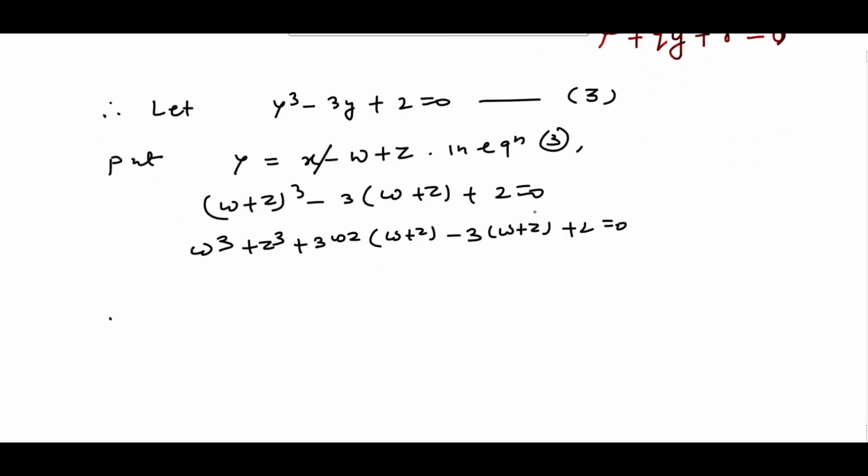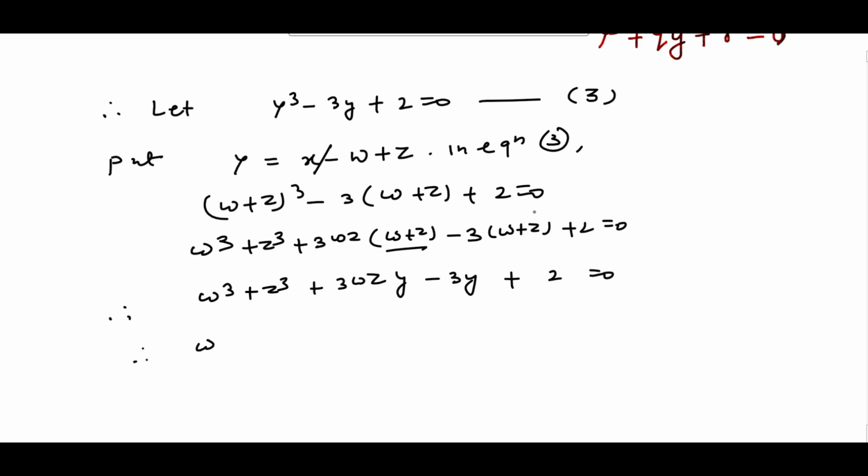So further we will get w cube plus z cube plus 3 times wz, that is the y, minus 3 times y plus 2 is equal to 0.